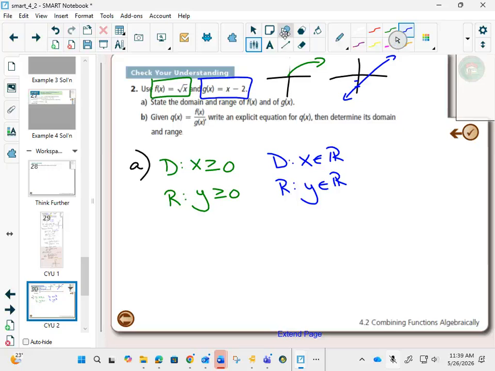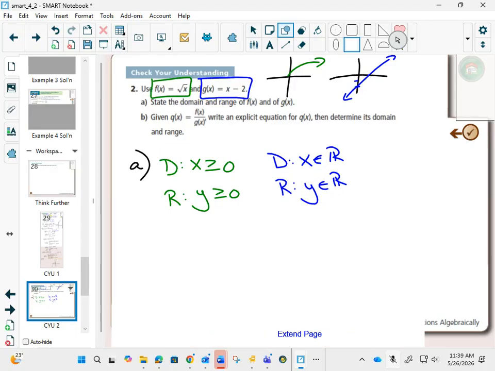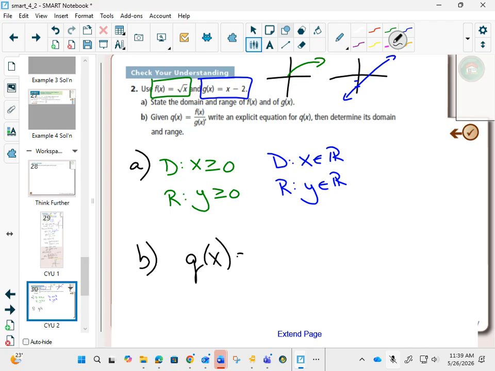Now we're going to divide. We want the explicit equation for q of x. We put f of x on top, which was the square root of x, and g of x on the bottom, which is x minus 2.